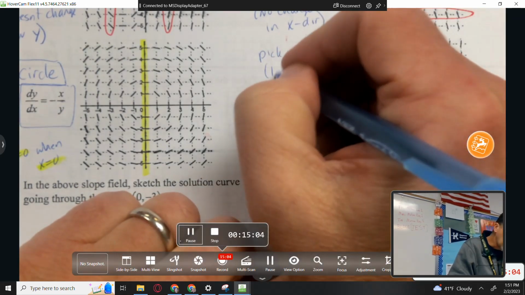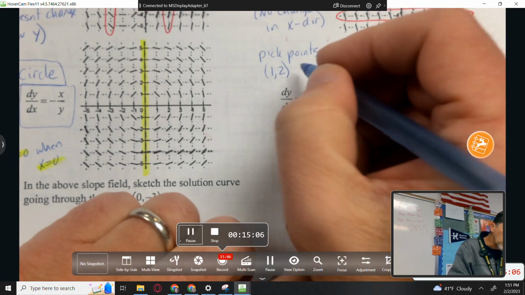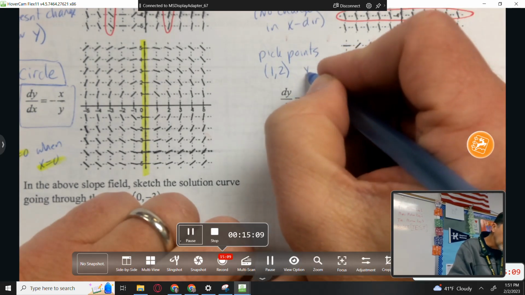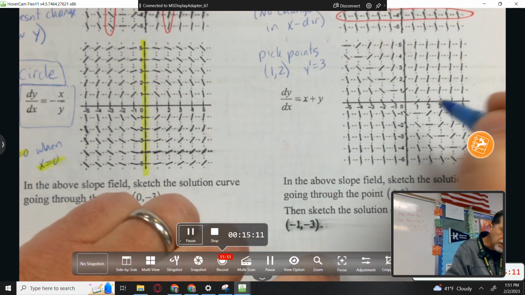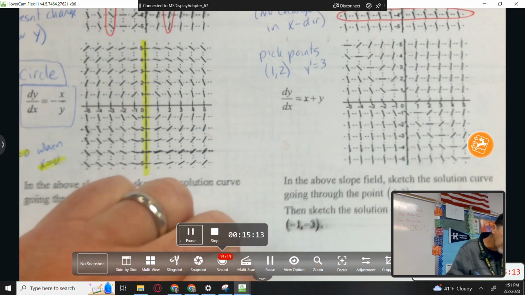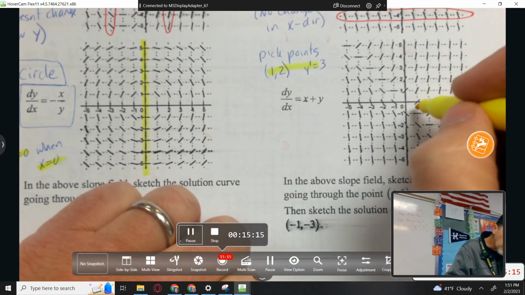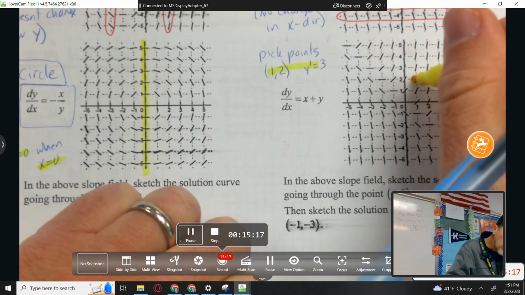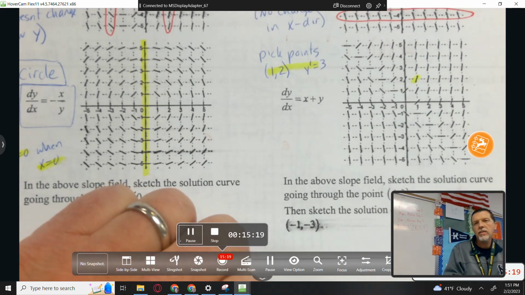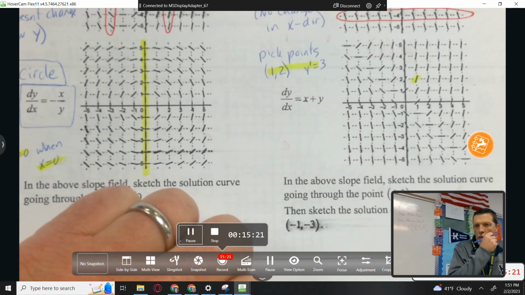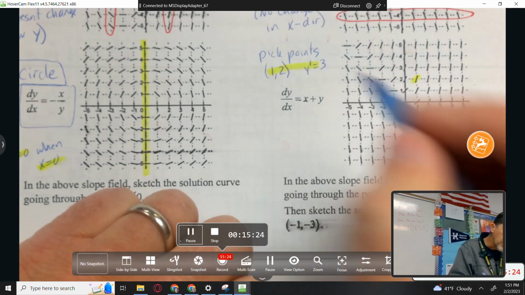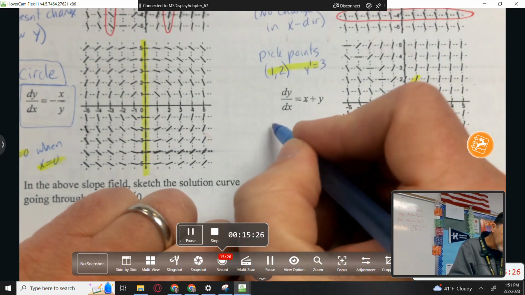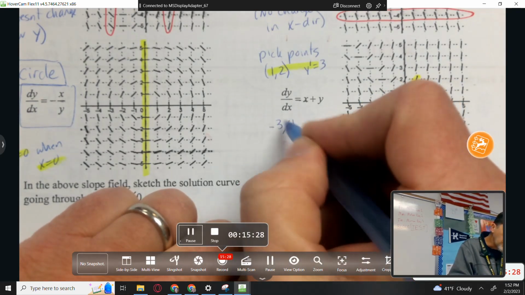So just pick some random point, 1, 2. The slope would be 3 because we're just adding them together. I don't know that that's 3, but it's pretty steep. Maybe pick something in a different quadrant. -3, 4.